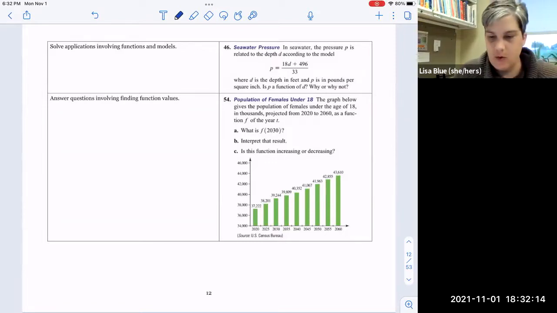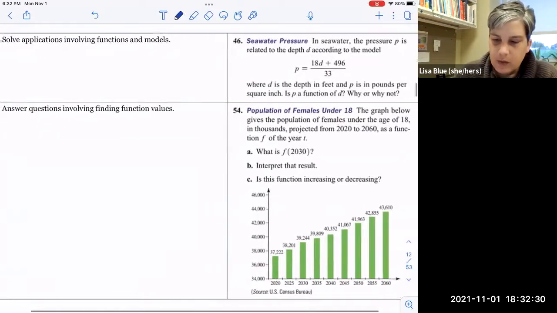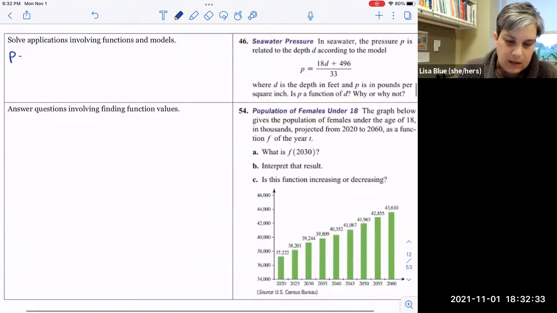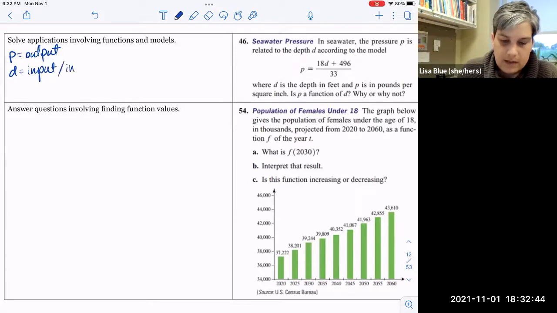And here they have, instead of X and Y, they've thrown us some P's and some D's. In seawater, the pressure P is related to the depth D. P related to D tells me that P is the output and it's described in terms of D. So D is the input, or the independent variable.